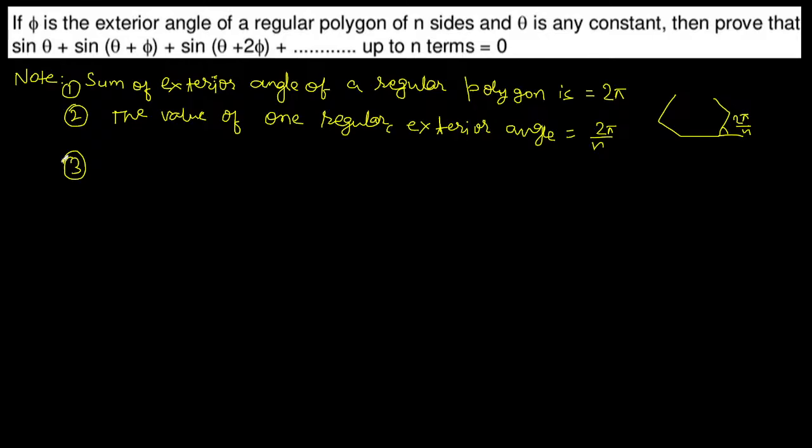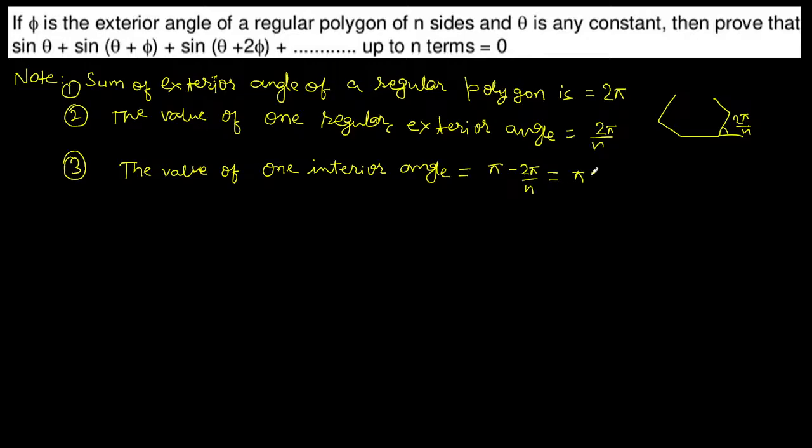Third, the value of one interior angle is equal to pi minus 2 pi by n.